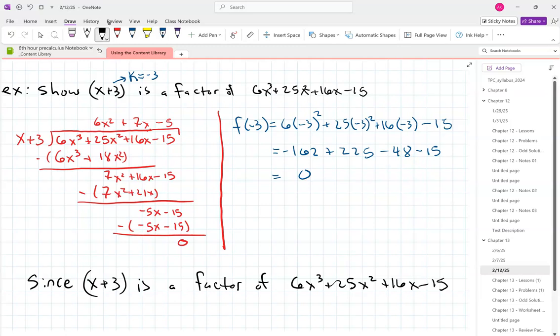We can say that 6x cubed plus 25x squared plus 16x minus 15 factors to x plus 3 times something else, right?